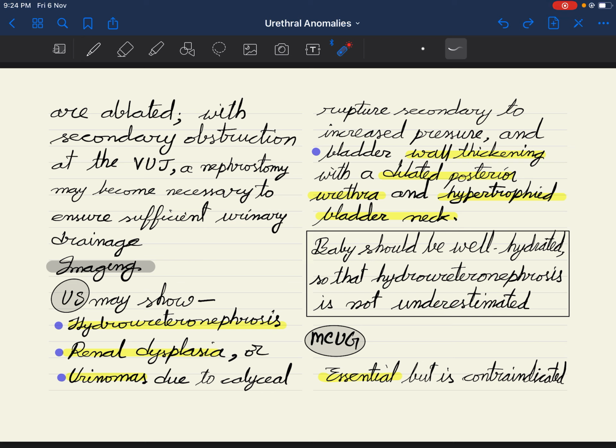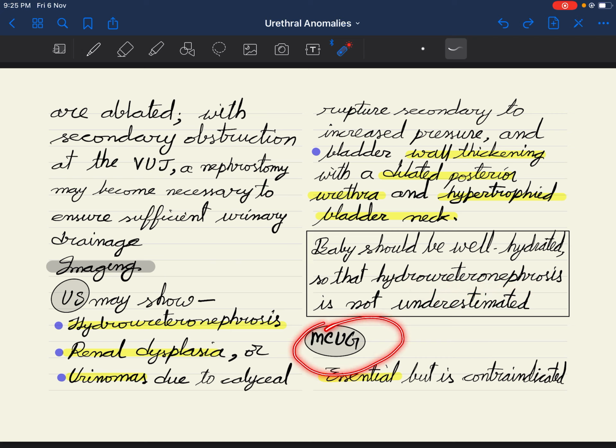So, how can a posterior urethral valve be imaged? Ultrasound may show hydroureteronephrosis, renal dysplasia, urinomas due to calyceal rupture secondary to increased pressure, and bladder wall thickening with a dilated posterior urethra and hypertrophied bladder neck. The baby should be well hydrated so that hydroureteronephrosis is not underestimated.